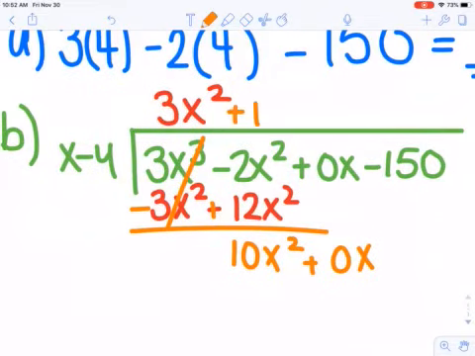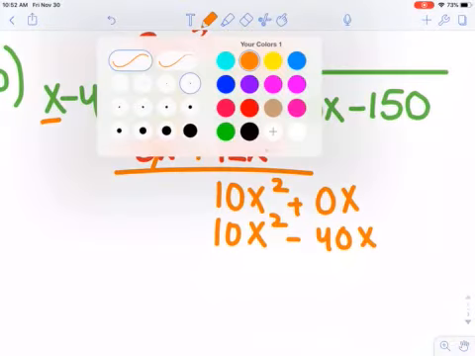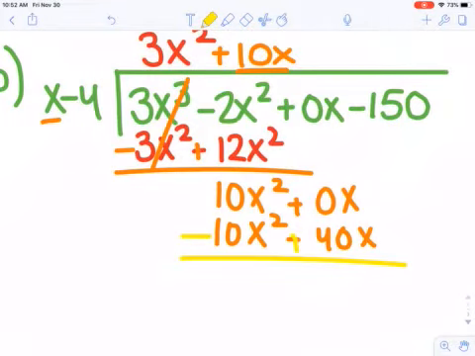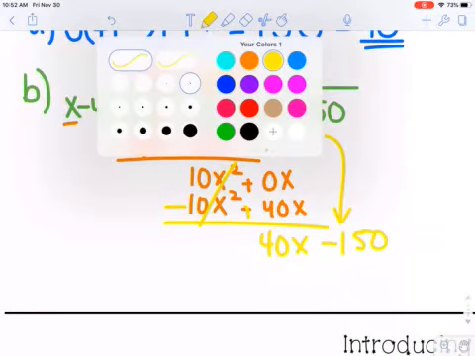So here we would get a plus 10x, multiply through, x times 10x is 10x squared. Now, negative 4 times 10x is negative 40x. Draw the line, change all the signs again, and we get 40x. Drop down that minus 150, and complete the process.